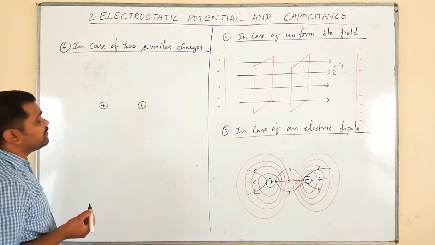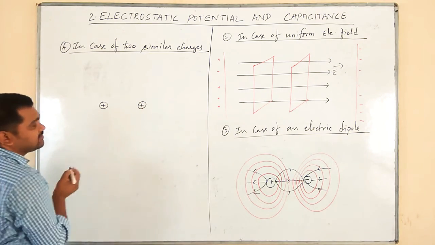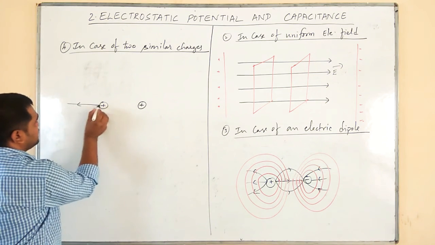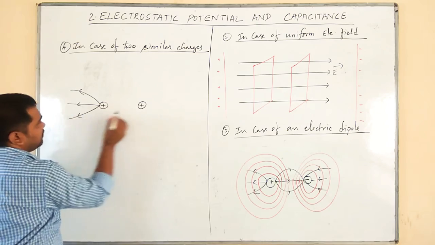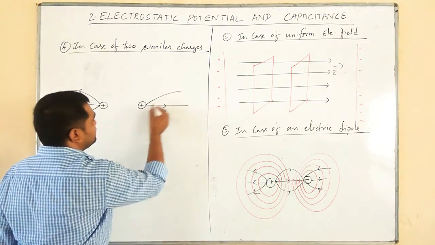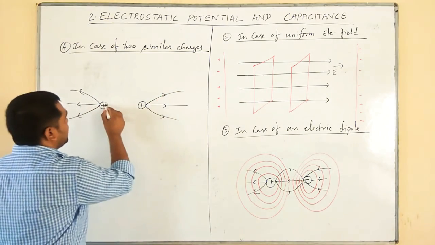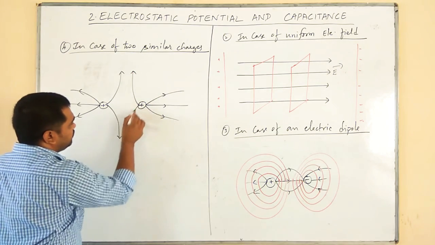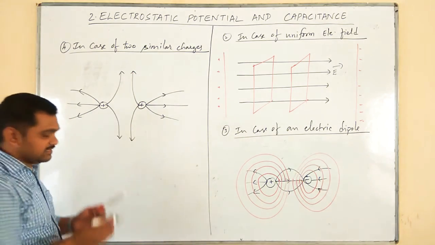How do the electric field lines look in case of similar charges? Means positive charge, it is also a positive charge, therefore like this. Next, some repulsion is represented by these lines.